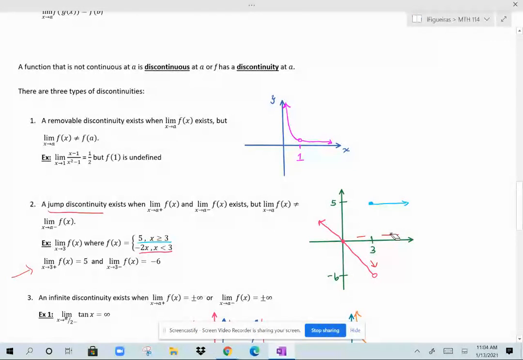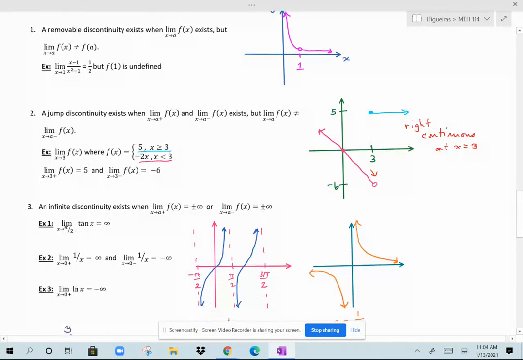So not only can we say this is a jump discontinuity, but you can also say that it is right continuous at x equal to 3, and that's because the right-hand limit and the function value are equal at 3. So it is a jump discontinuity, but it is only right continuous at 3.